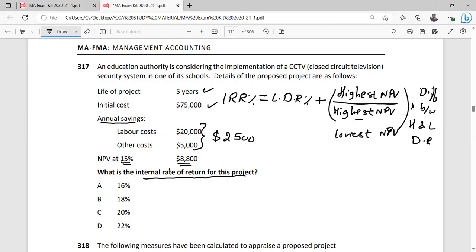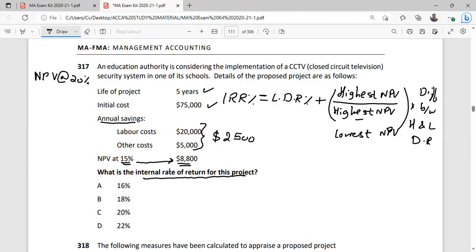Okay. If NPV is positive at a given discount rate, then we will calculate another net present value at a higher discount rate. Now we have positive NPV at 15%. So that's why we will calculate NPV at 20%.